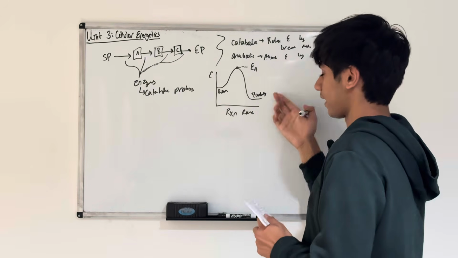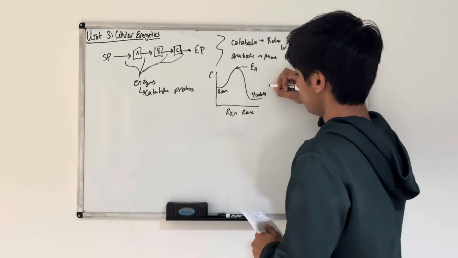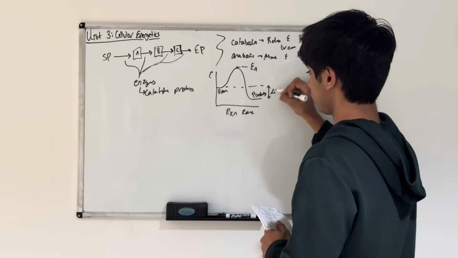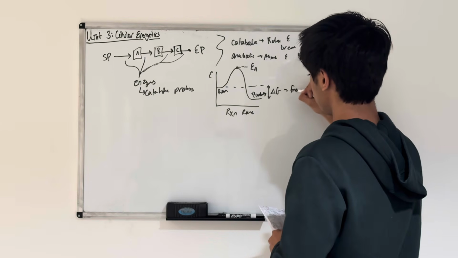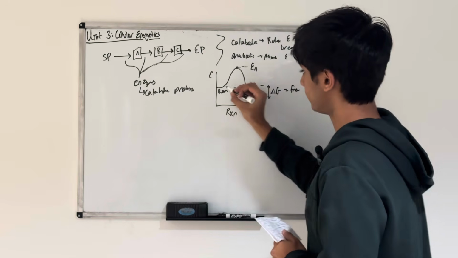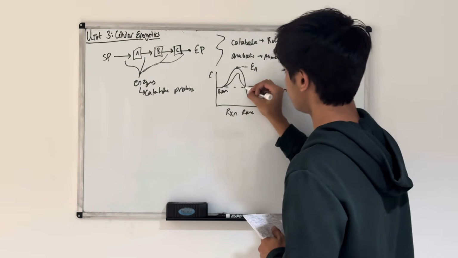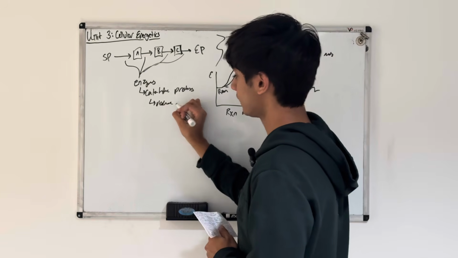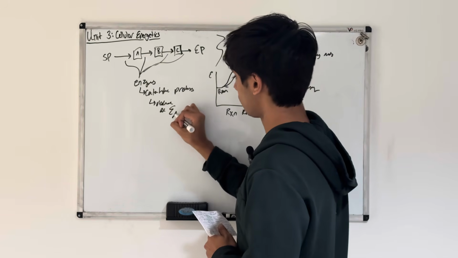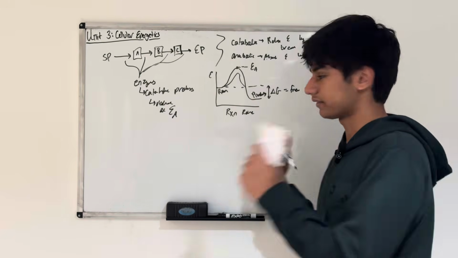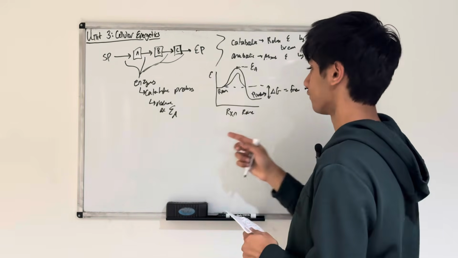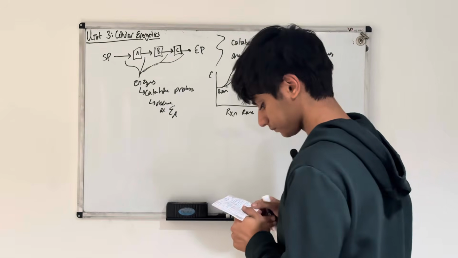What enzymes do is, while they don't change the amount of energy change, which is denoted delta G, or free energy, they do change the activation energy required. They reduce this activation energy, so it takes less energy for the reaction to occur, and therefore it speeds up the reaction.